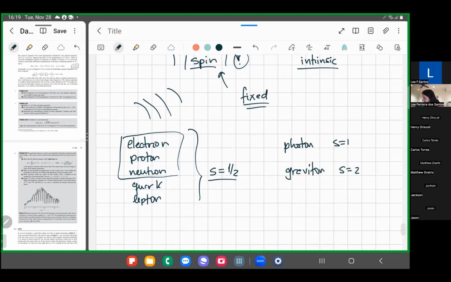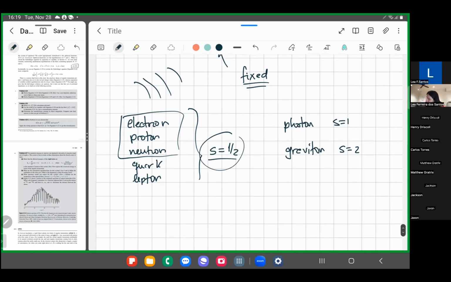We are going to focus on the spin half, because this is the most common, or the first step in this story. We are talking about the hydrogen atom, we are talking about electrons, we are talking about protons, so we are going to be dealing with the spin half. But you see that the spin can have integer values, like the L had, 0, 1, 2, and so on.